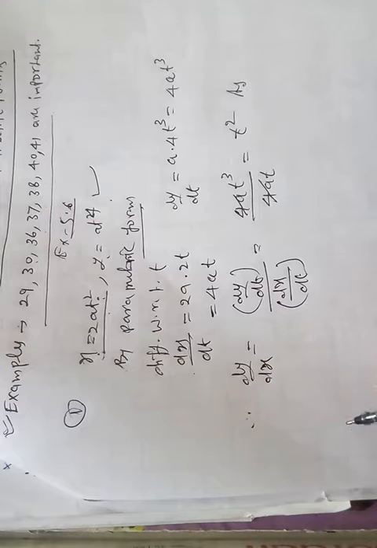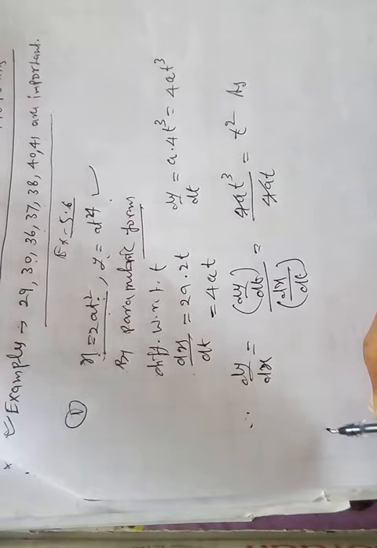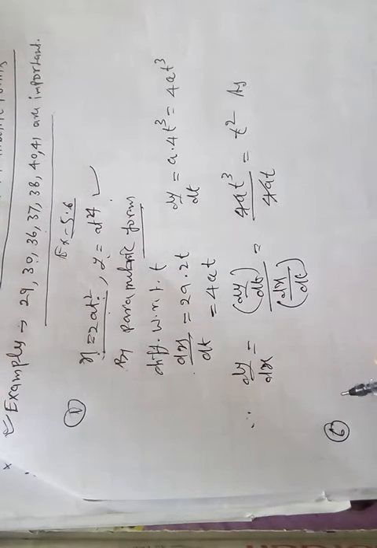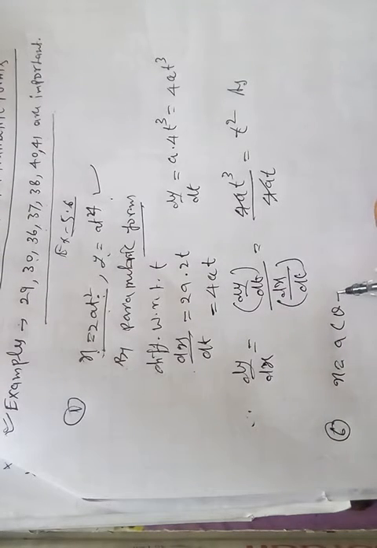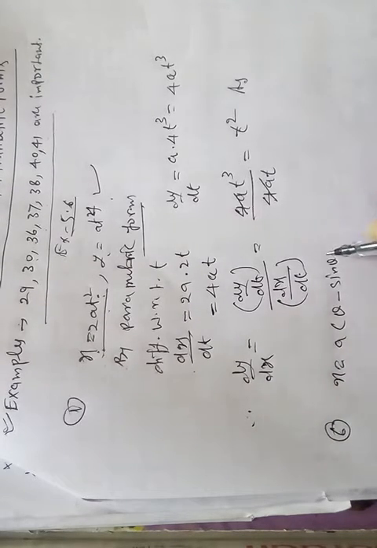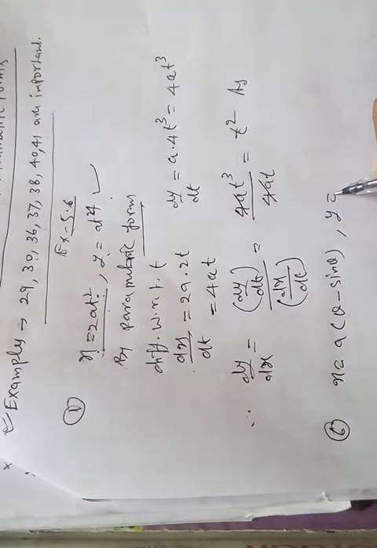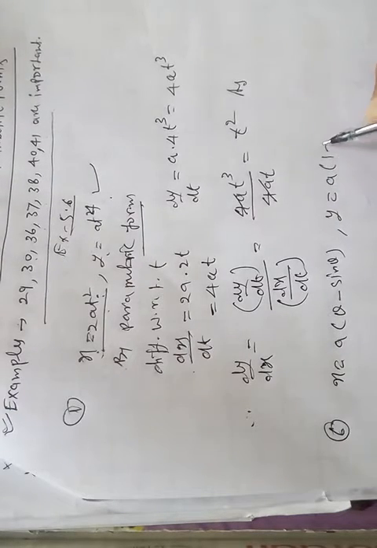Now question number 6. x equals a(theta minus sine theta) and y equals a(1 plus cos theta).